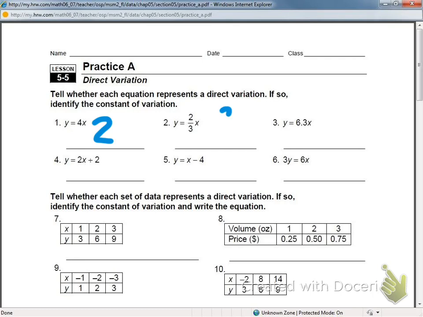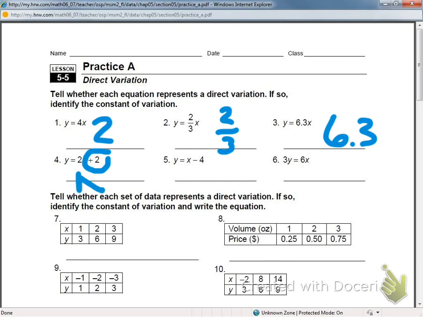Number 3, what is the constant? 6.3, that is correct. Number 4, what is the constant? Well, if we have a plus 2, do I have a constant direct variation?